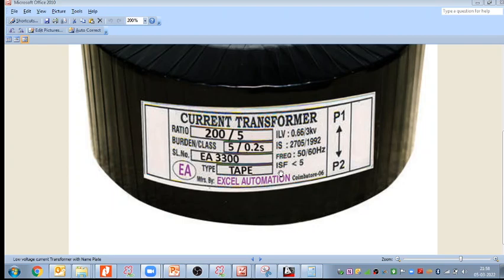Okay, so let me tell you, that is the instrument safety factor or security factor.